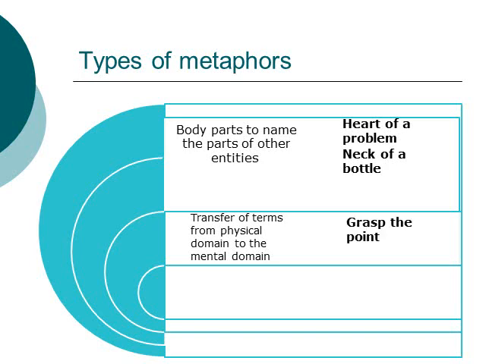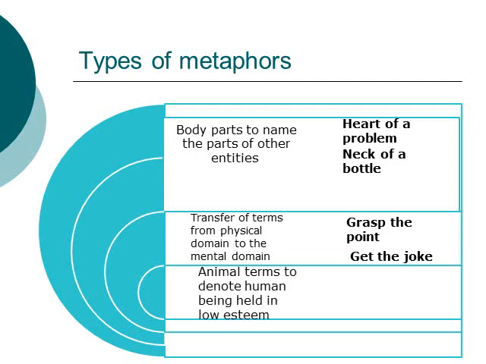An example would be grasp a point or get the joke. The third type of metaphors has to do with using animal terms to denote human beings held in low esteem, like describing a person as a wolf or a snake. We can find the same.